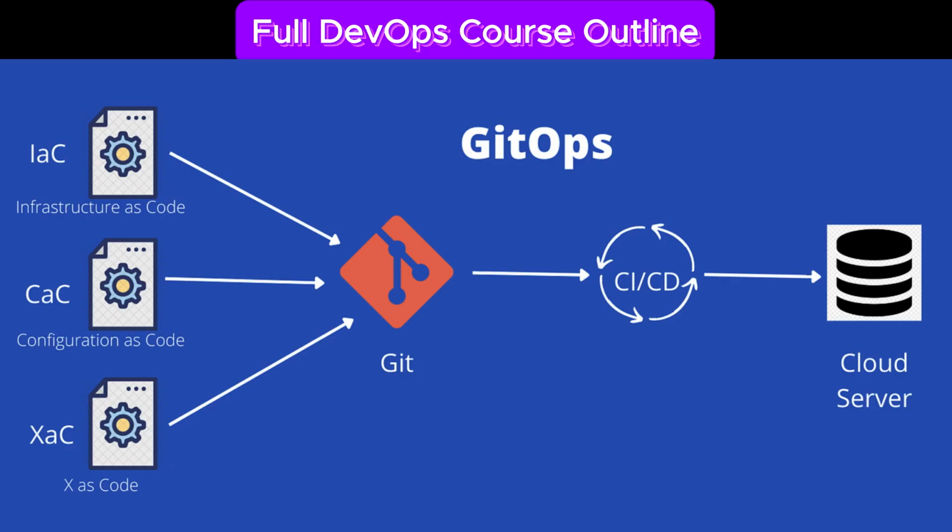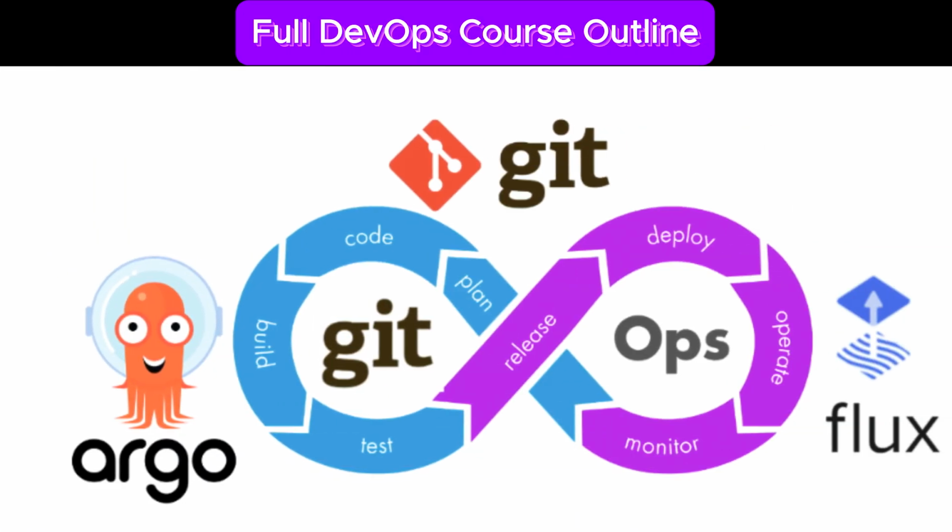So regarding GitOps, we'll be using Argo CD. It is a continuous delivery tool for Kubernetes that is based on GitOps methodology. And another is Flux CD, which is another continuous delivery tool for Kubernetes.